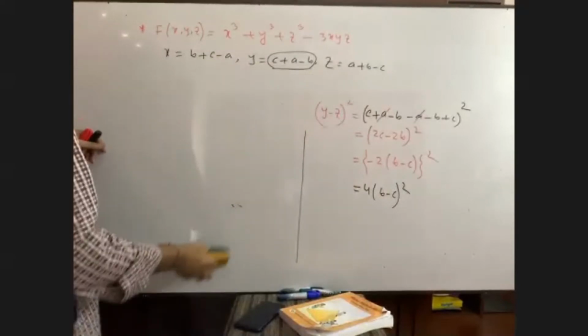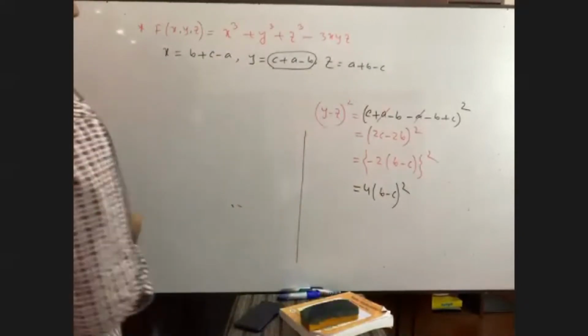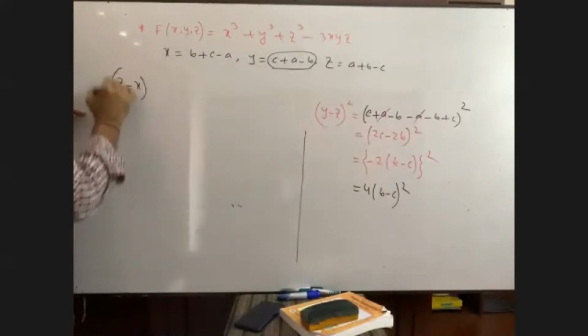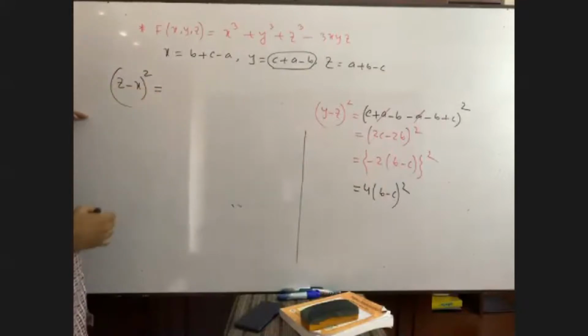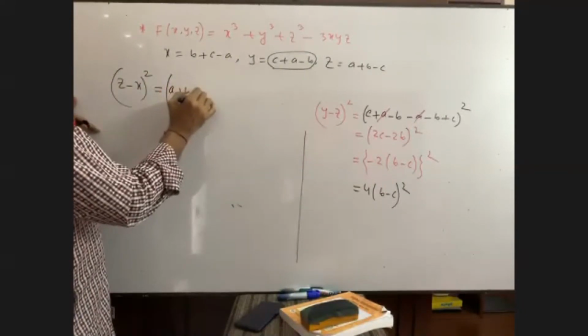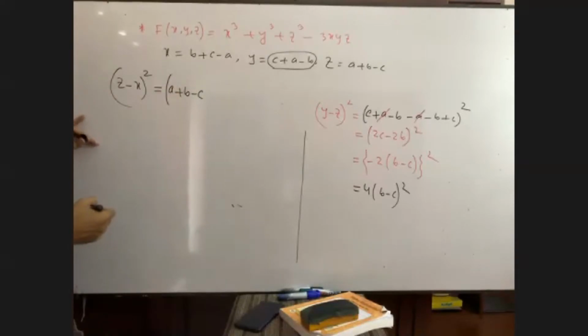Now we are left with the last part, that is to find z minus x whole square. Can you find it? What is z here? A plus b minus c. It is z, minus x.